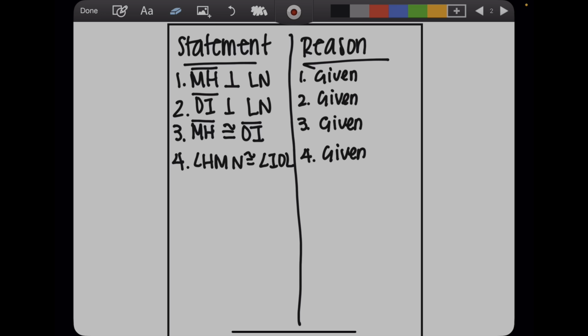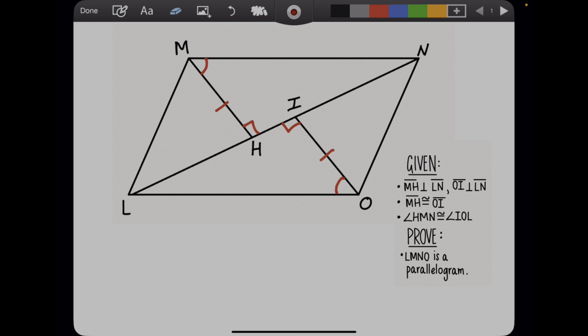Now, looking at this quadrilateral, we have 4 triangles inside the quadrilateral, and they're all right triangles because the segments MH and IO are perpendicular. And based on the given information, we can actually confirm the congruency of 2 of the triangles.